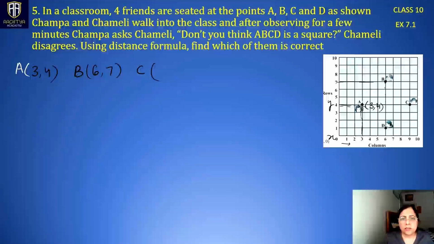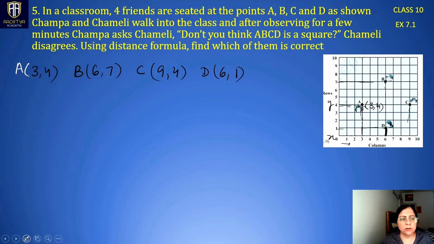Then we have C. For C, the perpendicular shows 9 on the x-axis, and from here you can read 4 on the y-axis. For D, the perpendicular shows 6 on the x-axis, and on the y-axis this point reads 1.